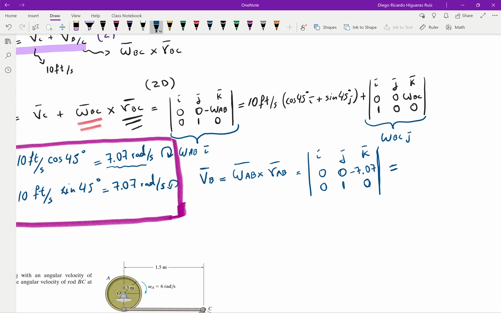I solve for this, and I think it's gonna be positive 7.07 feet per second. All right, so this is gonna be my VB. I'm just gonna highlight it as well.